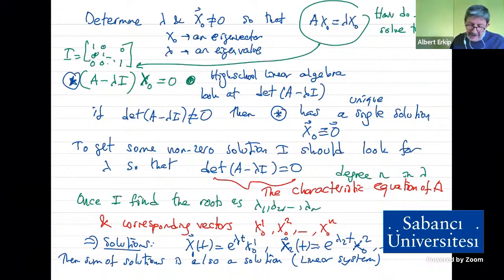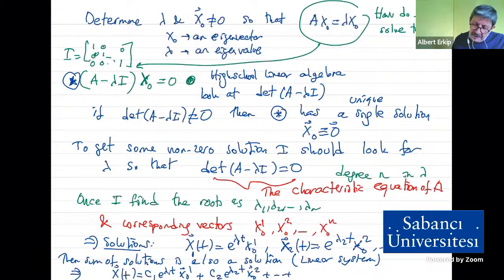So we can also multiply by constants. That means x(t) equals c1 e to the lambda 1 t x0,1 plus c2 e to the lambda 2 t x0,2 plus so on will also be a solution, where c1, c2, up to cn are just constants.